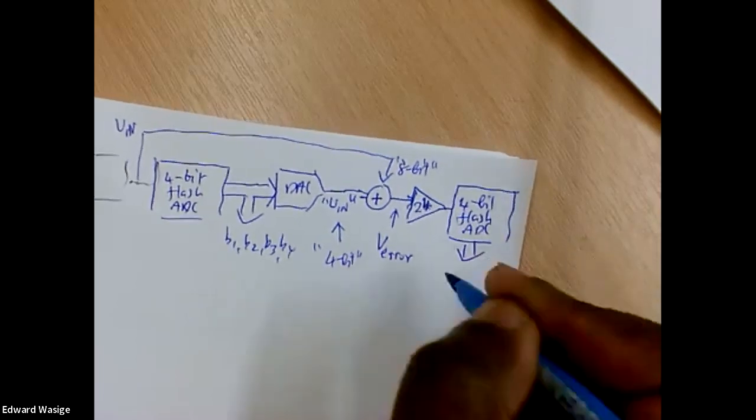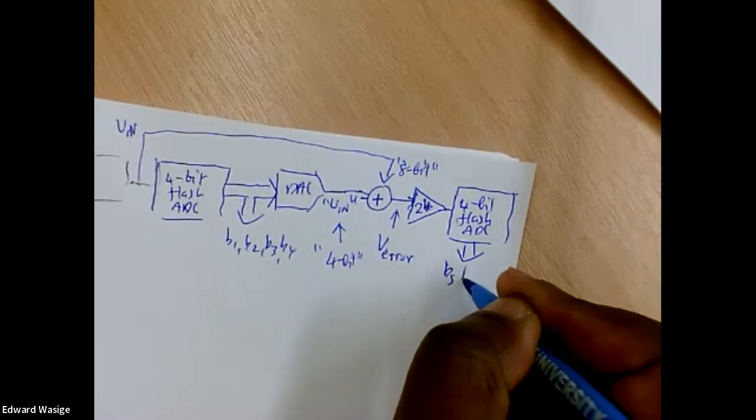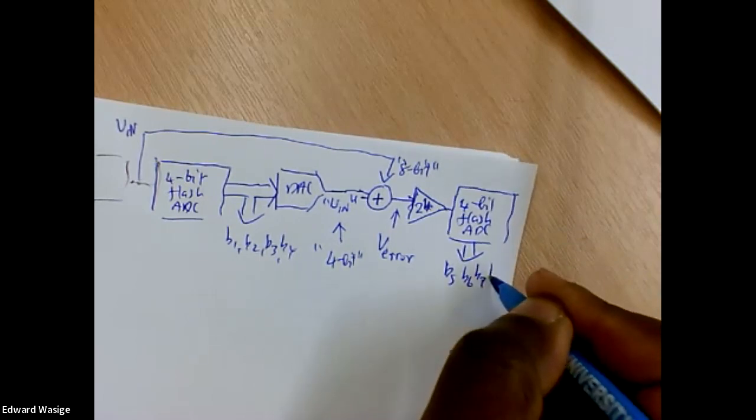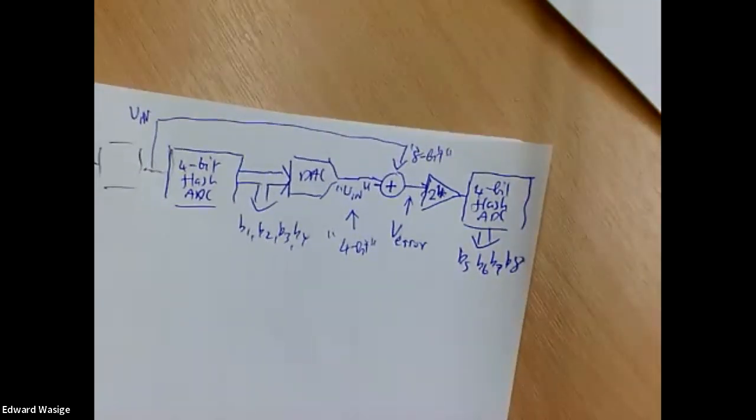And the output of this would be B5, B6, B7, and B8.